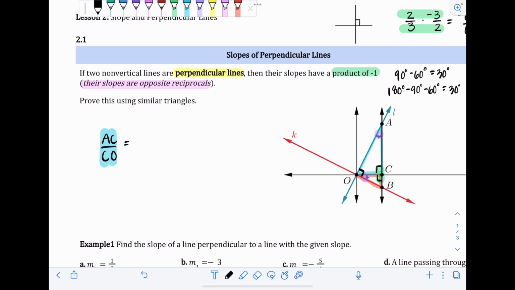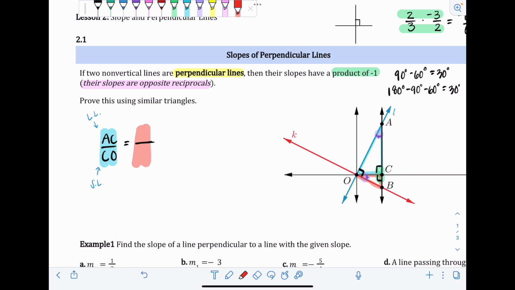And that doesn't necessarily matter how I set up the first one. I just have to make sure that the second one is organized the same way. So in the numerator, this was the long leg, and then this was the short leg. So I'll have to organize my second fraction exactly the same. So this one will be based off that red triangle.